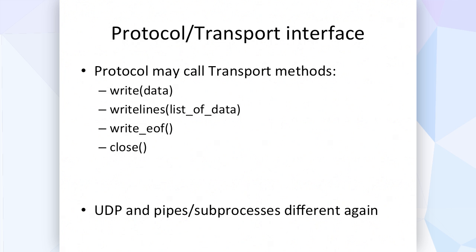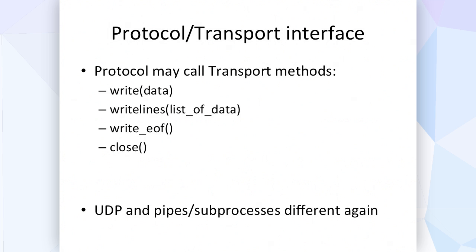On the other hand, the protocol can call the transport, and from the protocol, the transport mostly represents the write end of the connection. So reading happens whenever bytes come in; the transport gets them first and then passes them on to the protocol by calling a protocol callback.